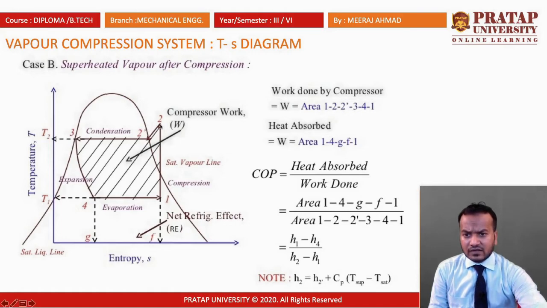After entering the condenser, the process is a constant pressure heat rejection process from 2 dash to 3. Then after the condenser the refrigerant is in a liquid state. Then the refrigerant expands in the expansion valve and we get point 4.